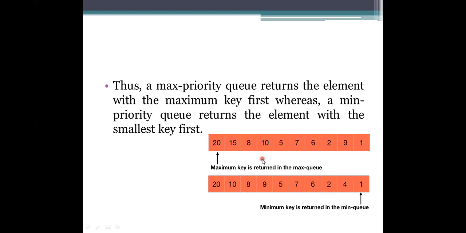So the maximum queue includes maximum values. 20 is returned when we are dealing with the maximum priority queue. And then next, the minimum priority queue means it has been implemented by the minimum value.